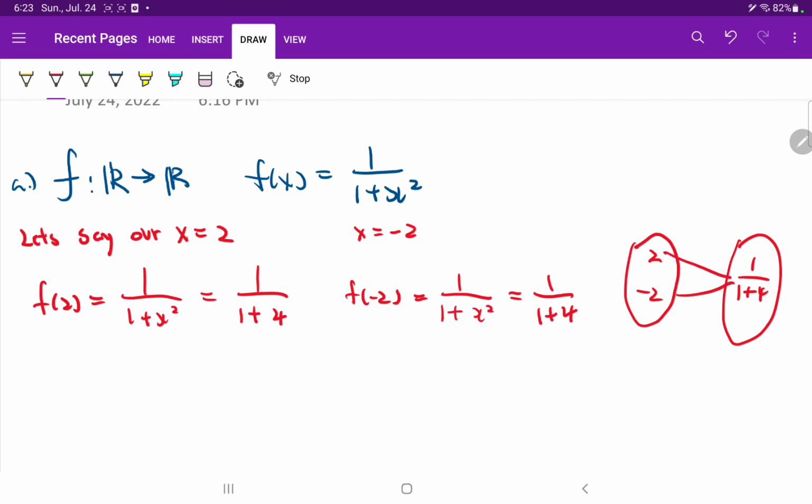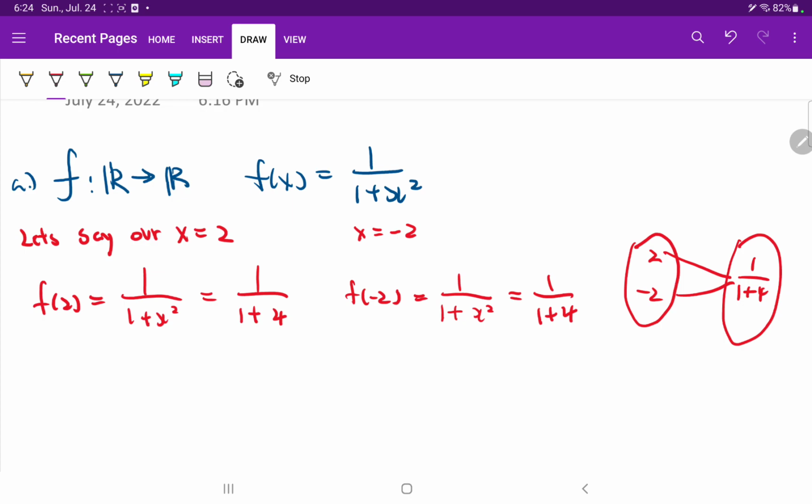And this is wrong, because I already showed in my last video that this contradicts the definition of an injective function, as it can only be one-to-one. If only 2 produced 1 over 1 plus 4, it would be injective, or if only negative 2 produced it. But you cannot have 2 and negative 2 producing the same value. That violates the definition of an injective function. So it's not injective. What about surjective?